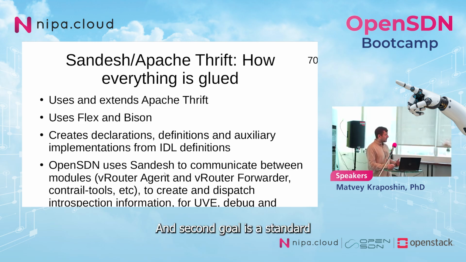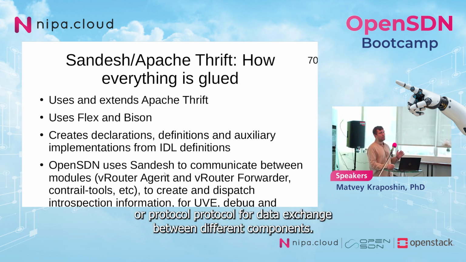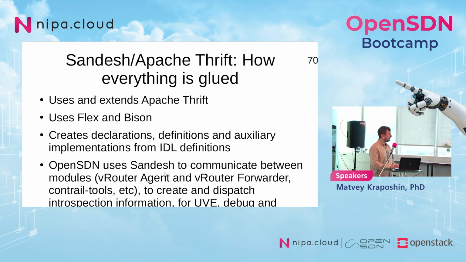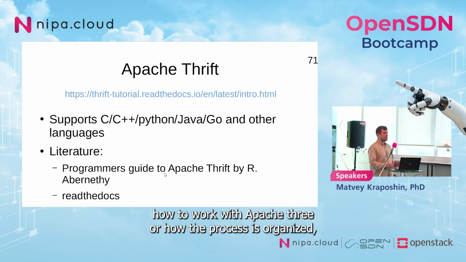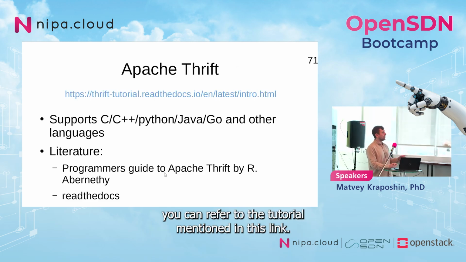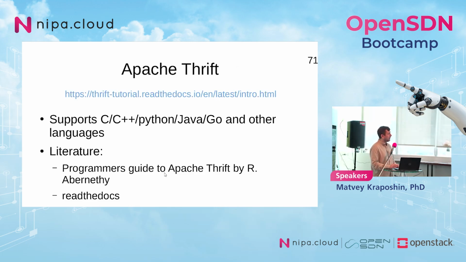The second goal is a standard or protocol for data exchange between different components. If you want to understand how to work with Apache Thrift or how the process is organized, you can refer to the tutorial mentioned in this link.